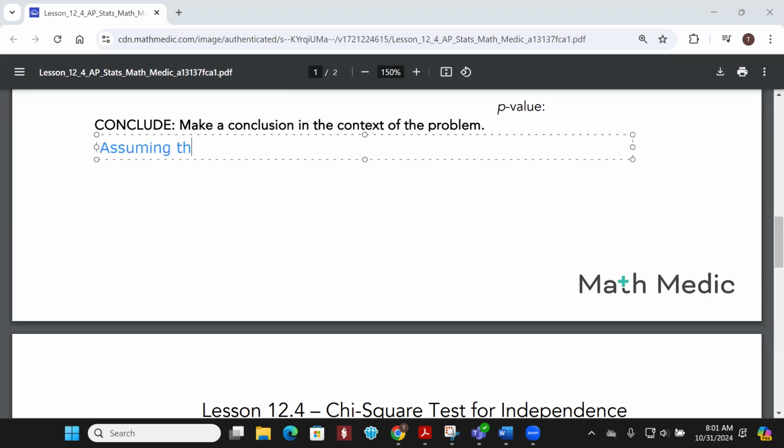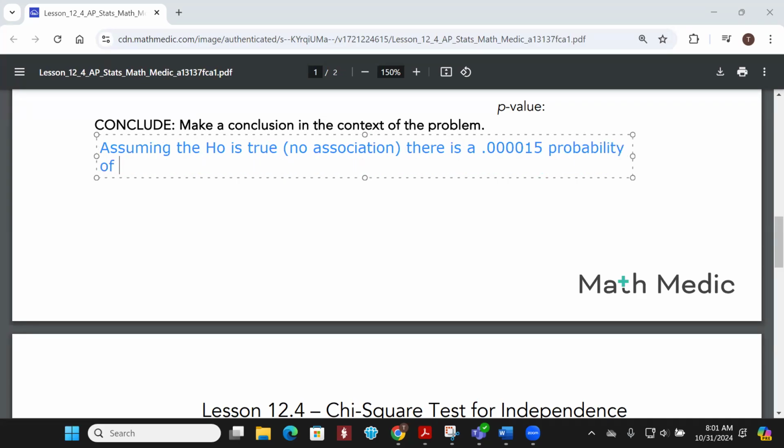So assuming the null is true, which means that there's no association, there is a 0.00015 probability of getting a chi-squared of 18.75 or greater purely by chance.